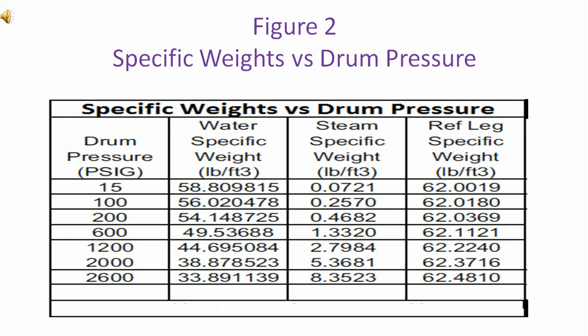This is the table which is showing specific weights versus drum pressure. So here we are showing the specific weights for water, that is at the saturation temperature, steam, that is at the saturation temperature, and a specific weight for the water which is in the reference leg.